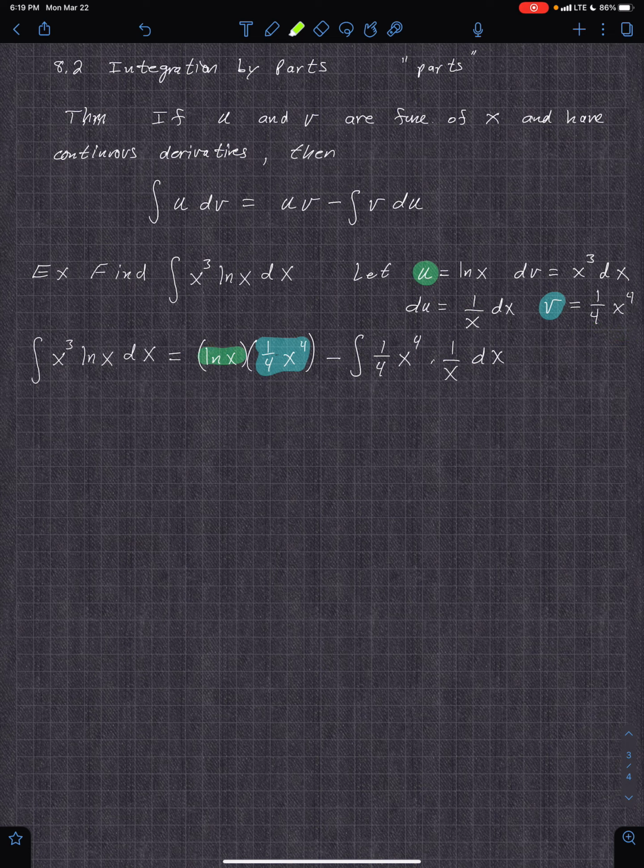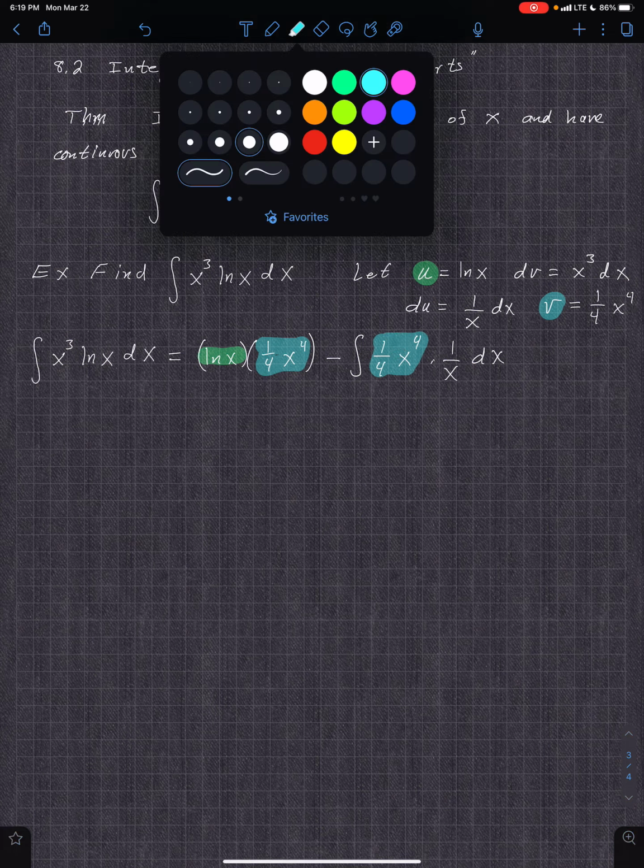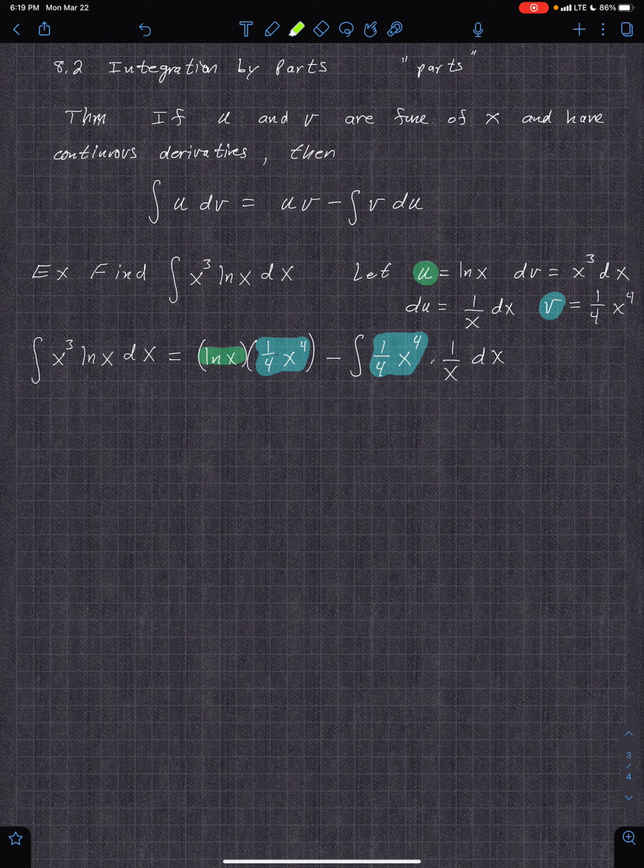Let me use the same color there. And so here it is. And then your du. So your du is this, which is 1 over x dx. I'm not sure that helped or not, but I like to highlight things when I can to show you. It looks pretty anyway.